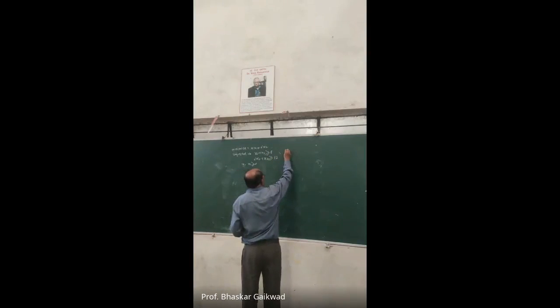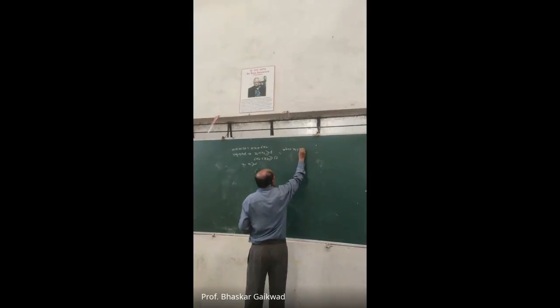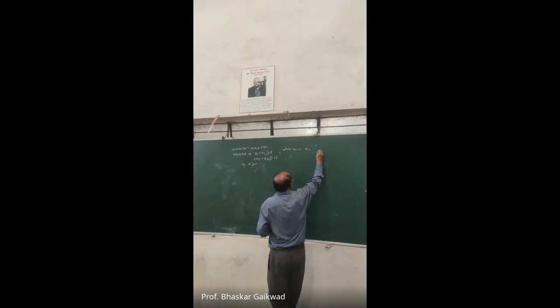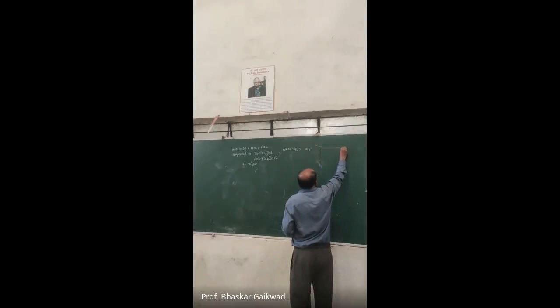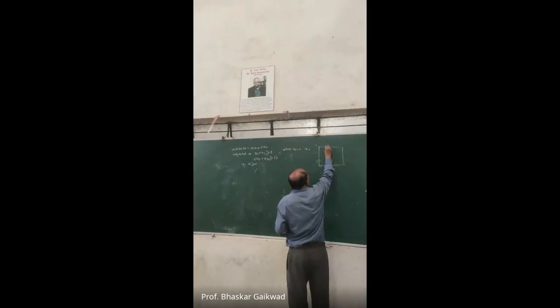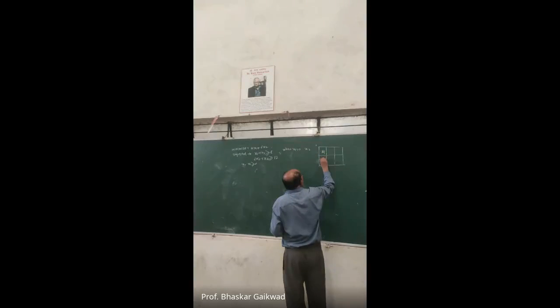So what is this? When x1 is 0, what should be x2? Accordingly you can make this chart, x1, x2.